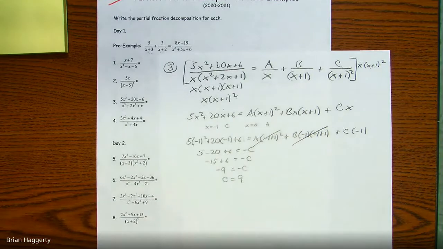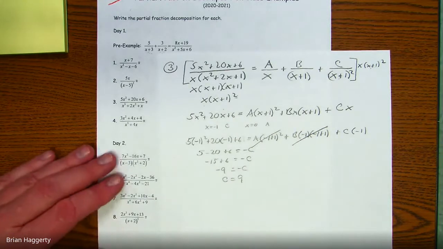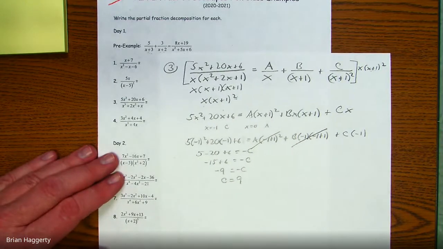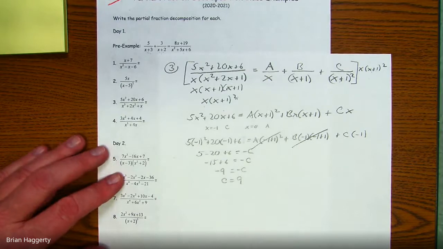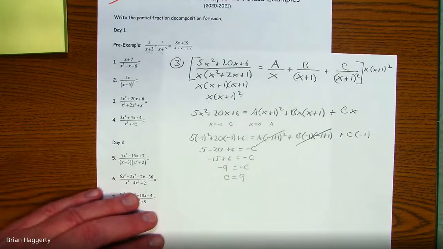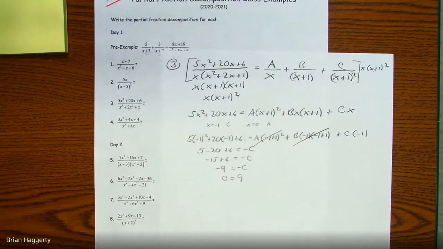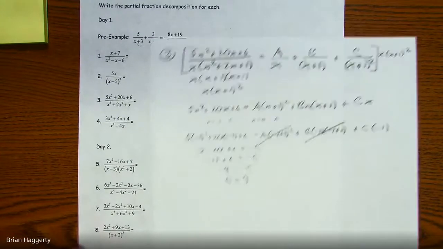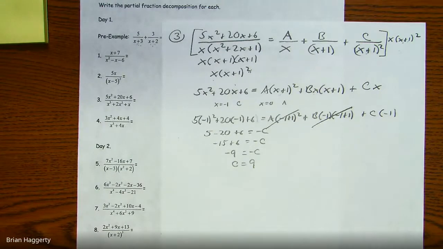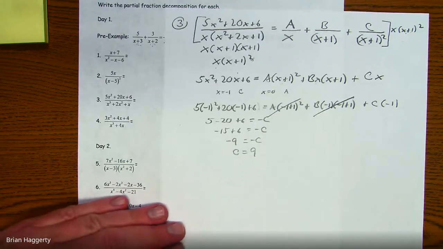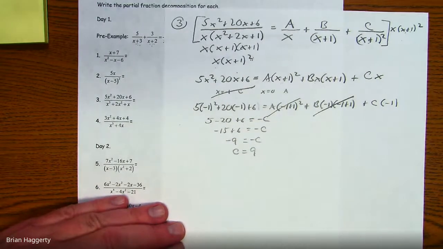So c is -9. All right, so that takes care of the first thing I wanted to do. That's step 1 of my plan.